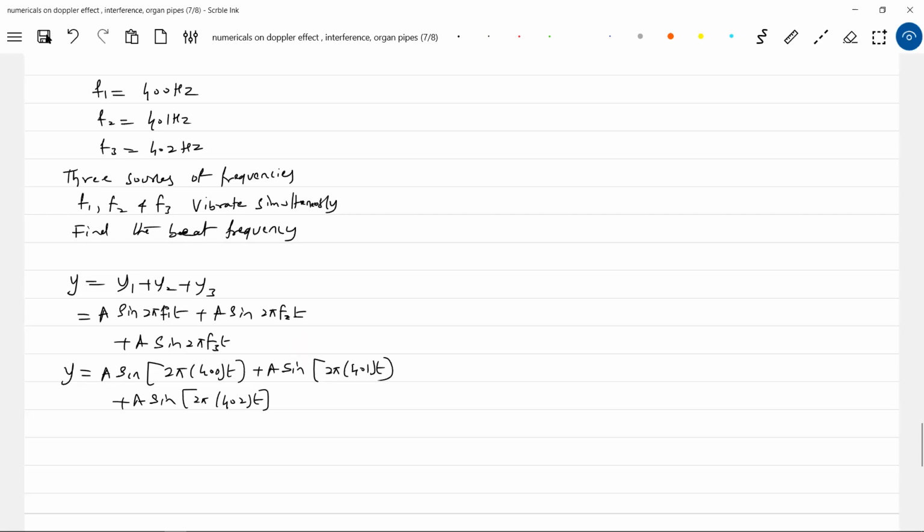Okay, these are all the methods. Let's explore the mathematics. How to simplify this? You are very good at maths. You can take 3, 4, 5, 6 sources. It's all about trigonometry now.